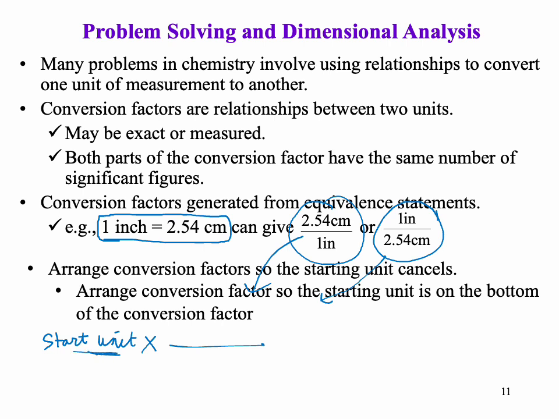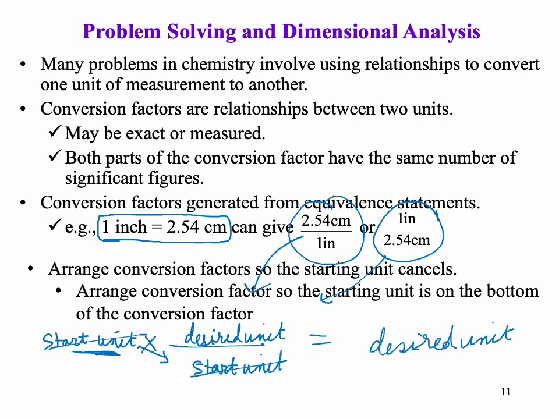Whatever is your starting unit, the same unit should be written right across, right here, in the denominator. The other unit should be written on top, which is going to be your desired unit. Because this unit is being divided by this, they will cancel out, and your final answer will be in your desired unit.